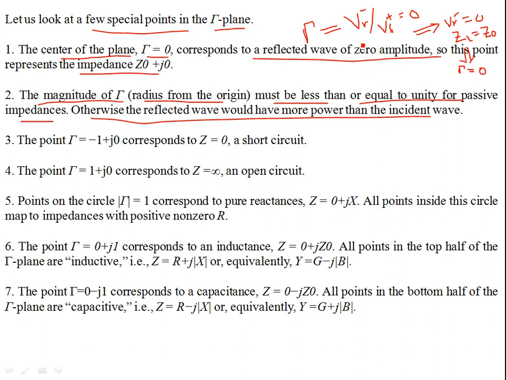This ratio, VR by VF, can't be greater than 1. Do you understand that? It has to be less than or equal to 1. Why? Because you cannot have a reflected power that is greater than the incident power. Due to the mismatch, there will be some power that is going to reflect back.